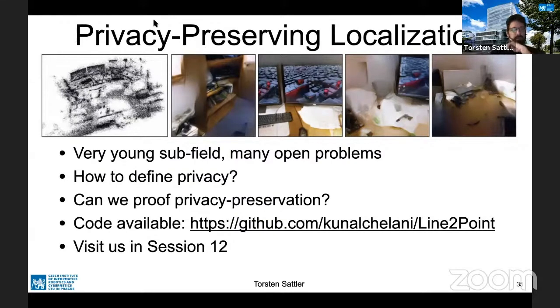So you end up with the problem of estimating the pose of a perspective camera with respect to a generalized camera, so a camera with multiple centers of projection. If all of those lines would meet in a center of projection, then you would end up with the relative pose between a perspective and a perspective camera, and then localization doesn't work because you don't get the scale of the translation.